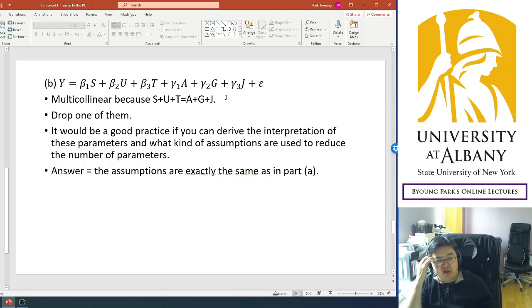But then you need to think about what assumptions you are using. The answer is the same as before, and also think about the interpretation of those parameters. You will have 5 parameters for 9 groups. So in the end, you will see the same assumptions as before.